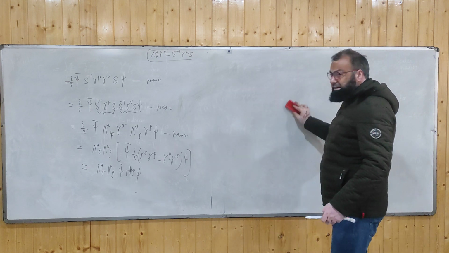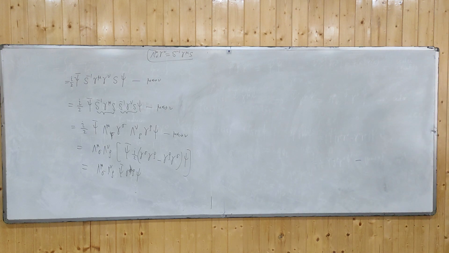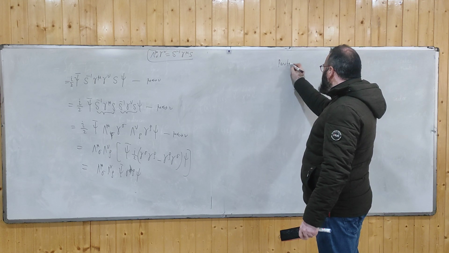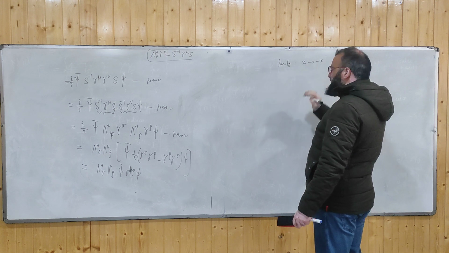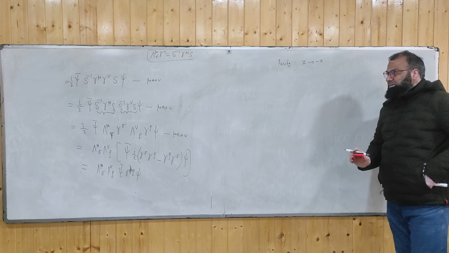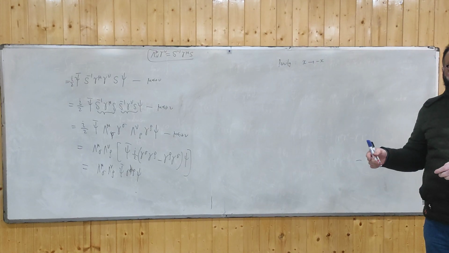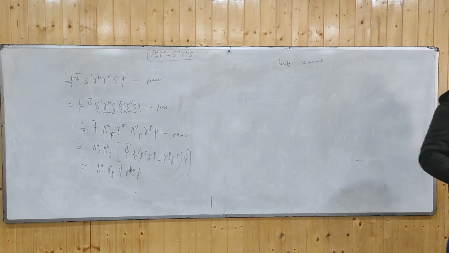You should know: parity means if you take, let's say, x to minus x. Parity means you take a vector and you just reflect it about the origin. I will do it in detail. Here we'll discuss parity, or maybe in the next lecture.